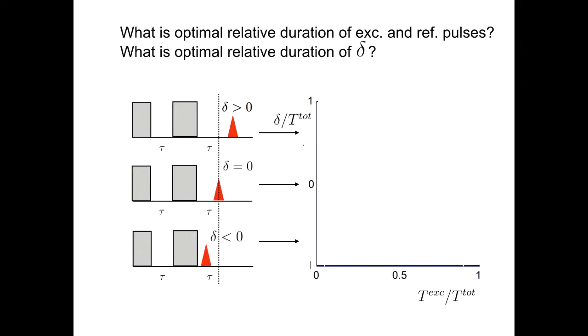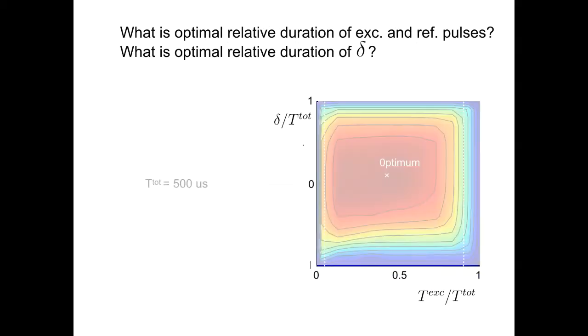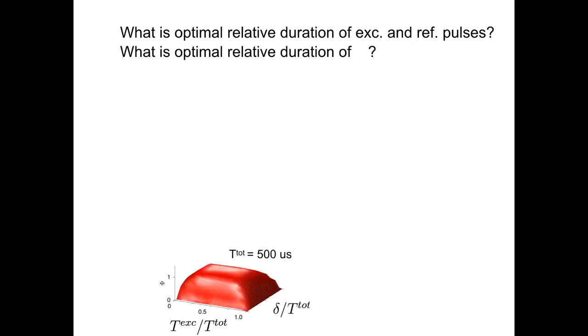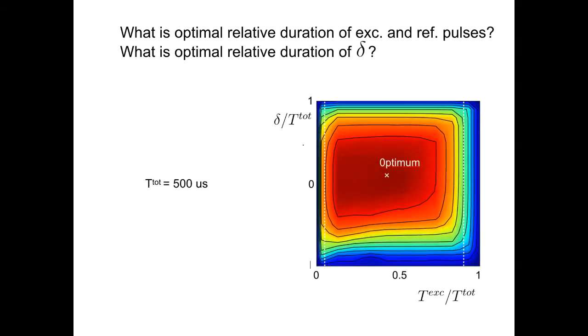And so we did many optimizations in this basic parameter space, where we, for example, fixed the total duration of both pulses to 500 microseconds. And so this is the optimum that we found. If you look at this in perspective, there's a nice flat plateau, but one can find a sweet spot.